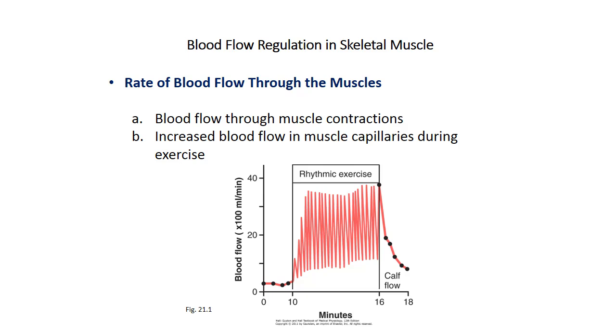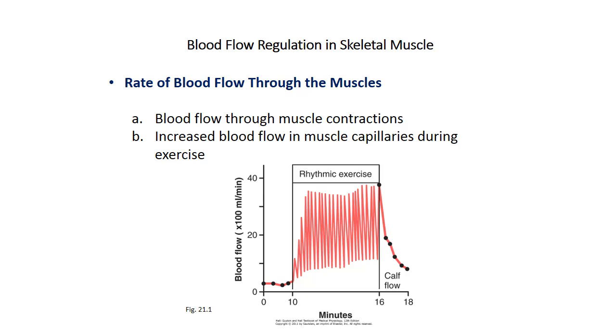Blood flow increases through muscle contraction, and increased blood flow in muscle capillaries during exercise is seen. Which factors can control this blood flow? One of them is local chemicals or humoral factors, and the other is nervous control of muscle blood flow.